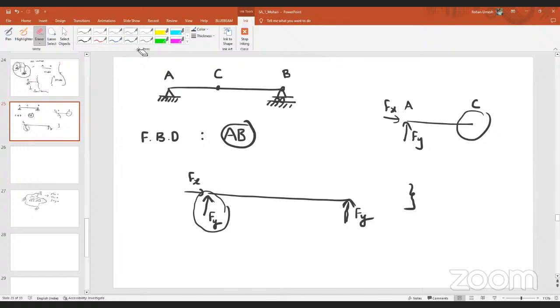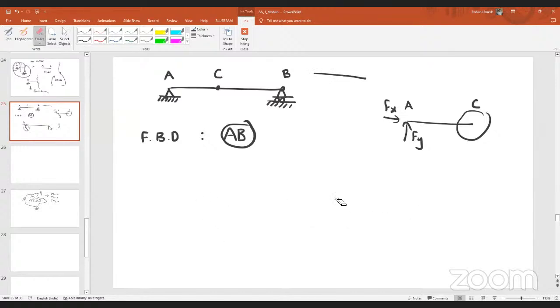If you are talking about AC, or separating, let me erase this and write it down, it will be clear. Wherever you are separating or breaking at a point in an element, you always have to represent the contact forces between them. Those are called the internal forces.